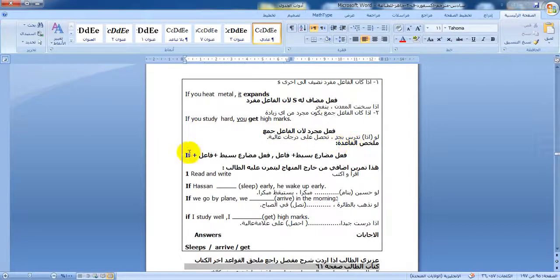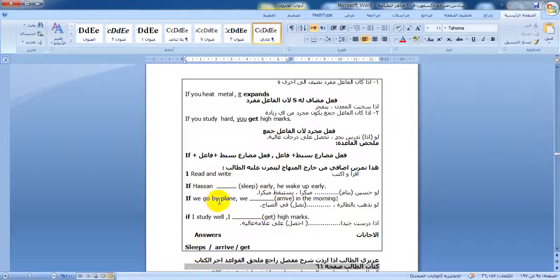ملخص القاعدة: نضع If في بداية الجملة ثم الفاعل ثم فعل مضارع بسيط، وفي القسم الثاني يوجد الفاعل وفعل مضارع بسيط وتكملة الجملة. تمريننا الإضافي لنتدرب عليه: read and write. If Hussein sleeps early, he wakes up early. Sleeps because Hussein فاعل مفرد فلذلك أخذ الفعل s.